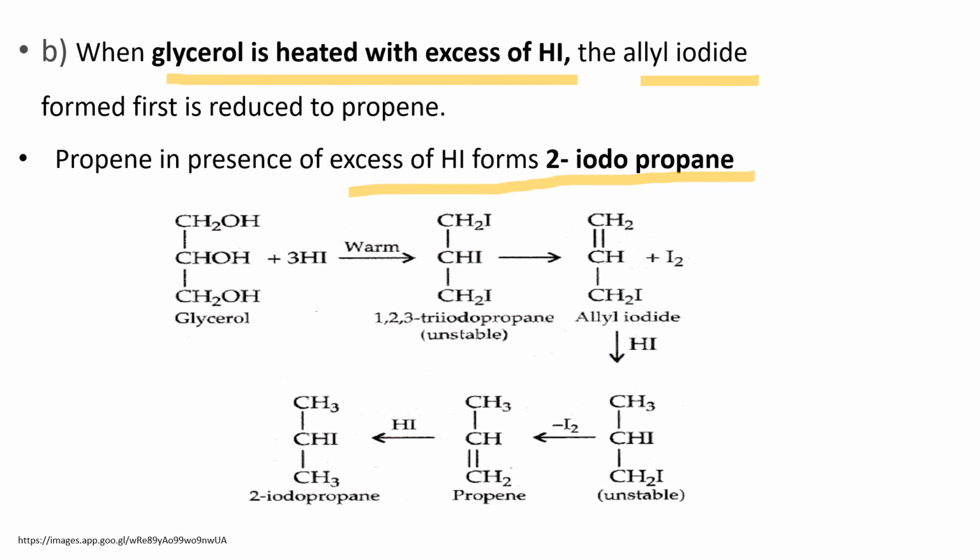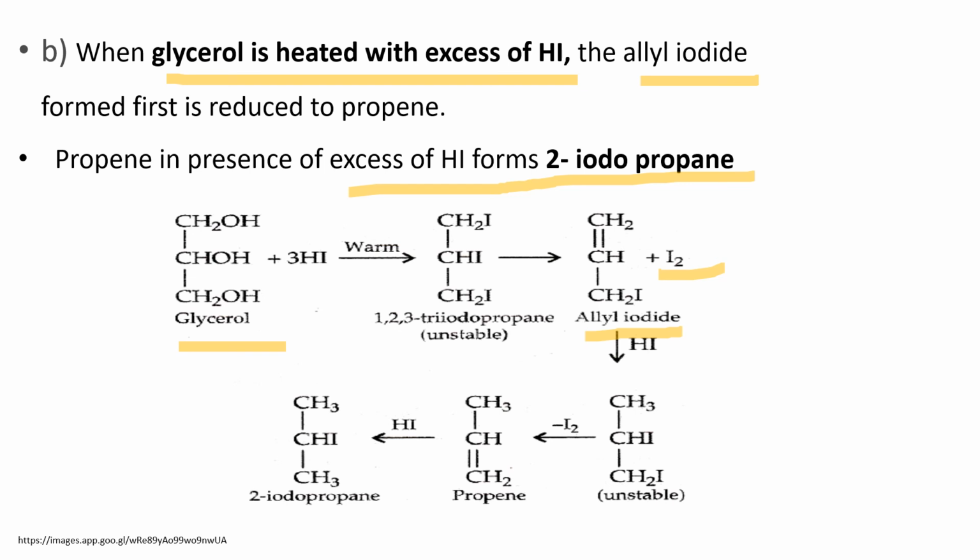So till allyl iodide, what is the reaction? That is with hydrogen iodide, when glycerol is heated, it forms an unstable compound which is nothing but 1,2,3-triiodopropane. Because it is unstable, it loses a molecule of iodine and thus forms allyl iodide. So this reaction takes place when there is a small amount of hydrogen iodide.